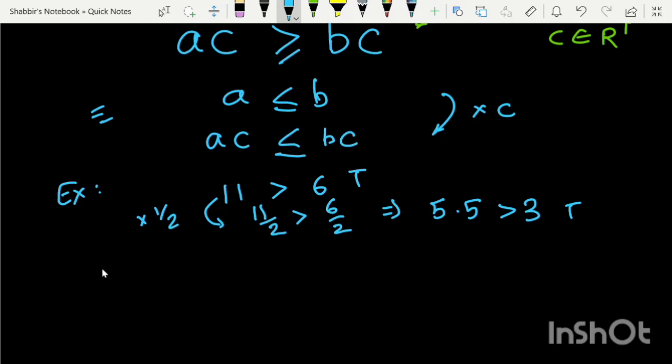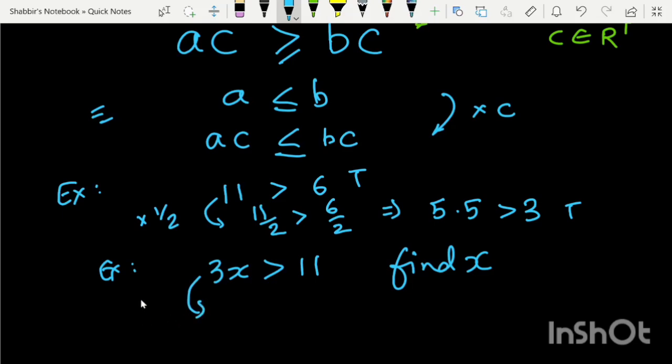Another example. Let's take some example: 3x greater than 11, we have to find x. In order to find x we have to remove 3. So in order to remove 3 we have to multiply both sides by what? Yes, 1 by 3.